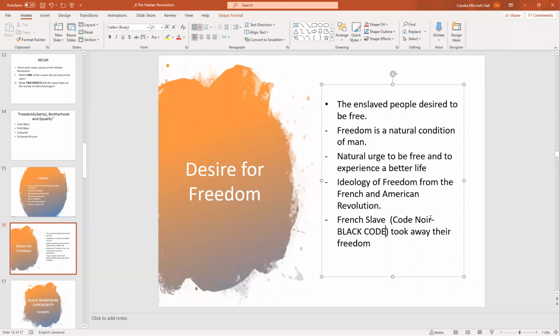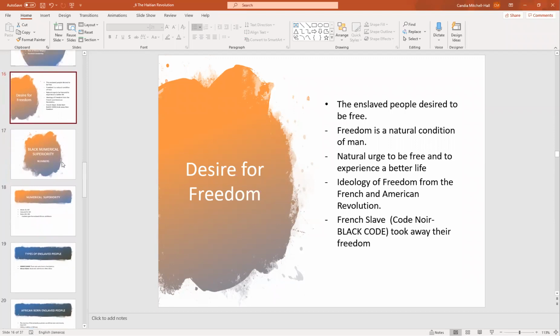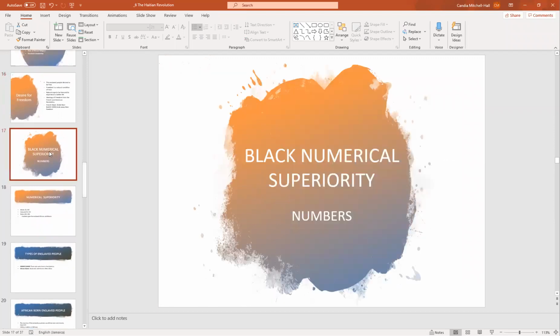This law took away their freedom, and they wanted their freedom. So that is one of the causes for the Haitian Revolution.